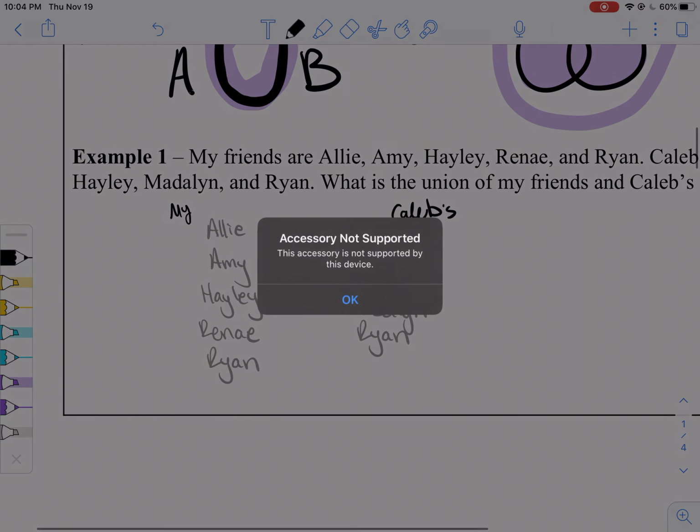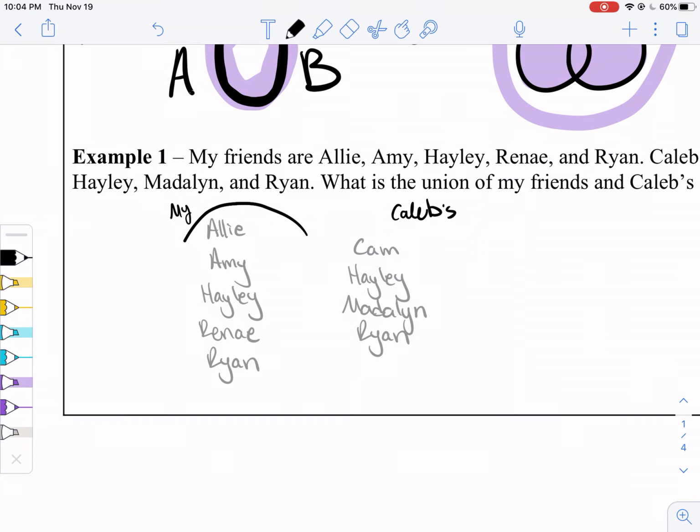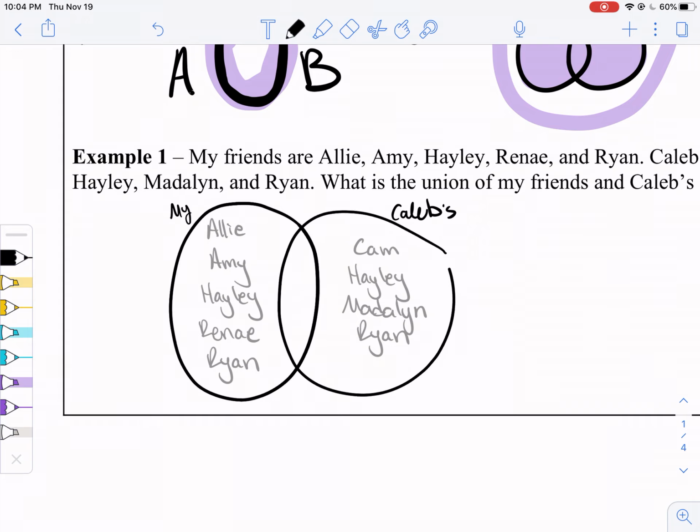You'll notice there is some overlap. Who appears twice in our list? Well, that would be Ryan and Haley. Ryan and Haley are in both sets. So Haley's my friend and she's Caleb's friend. Ryan is my friend and he's Caleb's friend too.